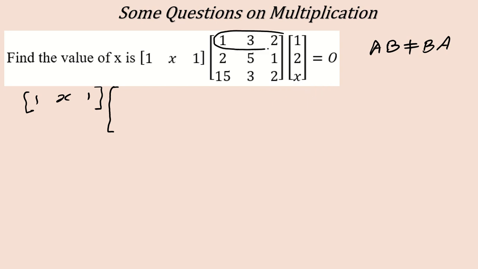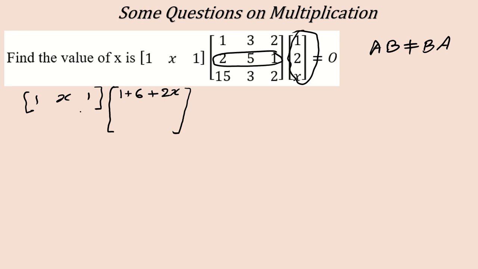Here we'll take the first row and only 1 column we have, so we'll take this column, multiply their corresponding elements and add them. So 1 multiply 1 means 1, plus 3 multiply 2, 6, plus 2 multiply x, 2x. Okay, now the second row and first column, corresponding elements multiply and add them.